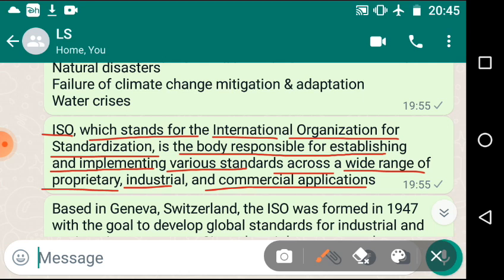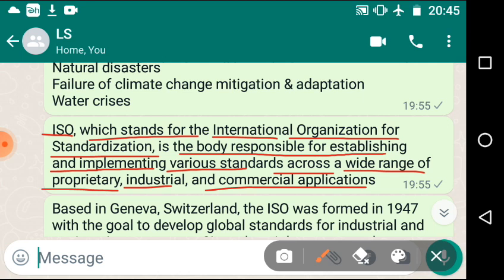So ISO stands for International Organization for Standardization, or in a breaking word, I means international, S for standardization, O for organization. It's better to write International Organization for Standardization. Now this ISO is the body responsible for establishing a plan, some standards related to environmental protection, and implementing those plans, those rules.